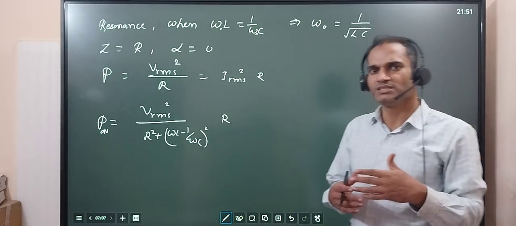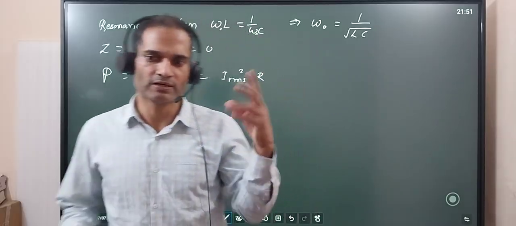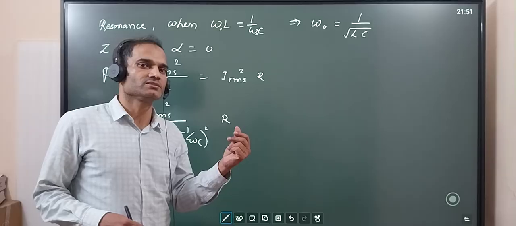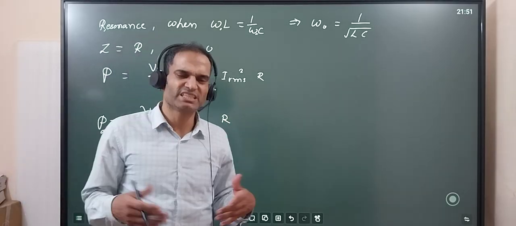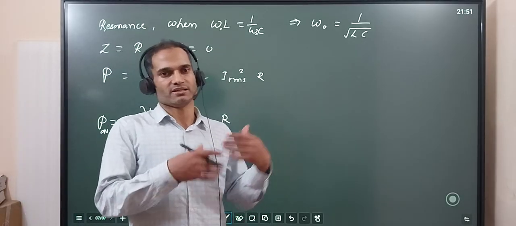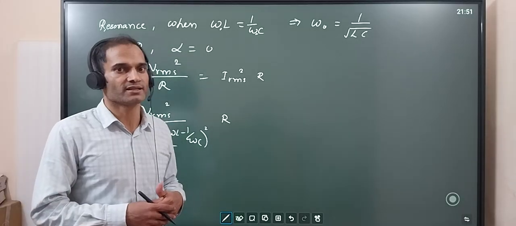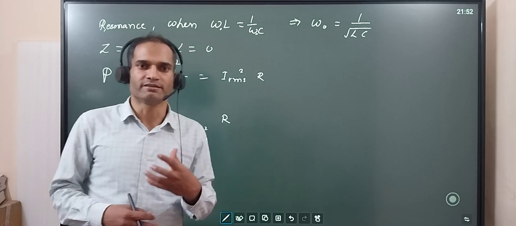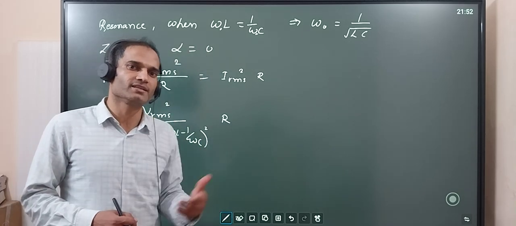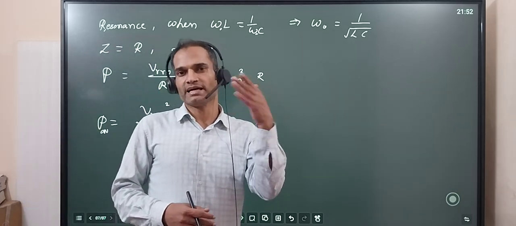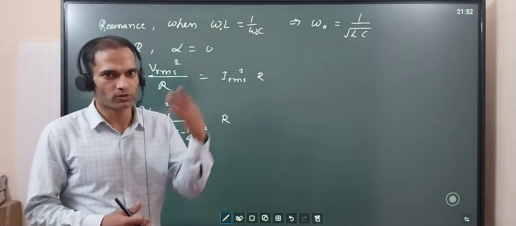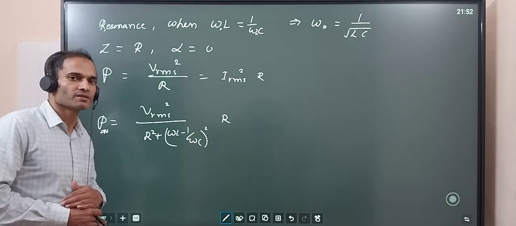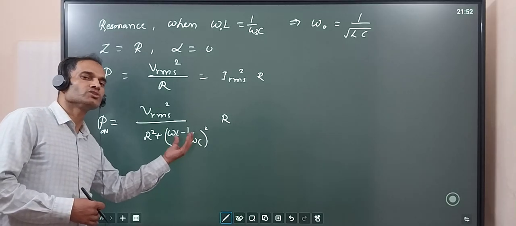We have seen some radio, right? What happens in radio, in FM, at a particular frequency, it catches the signal very clearly. That means for that particular frequency, power dissipation is maximum. Okay, this part is almost 0.